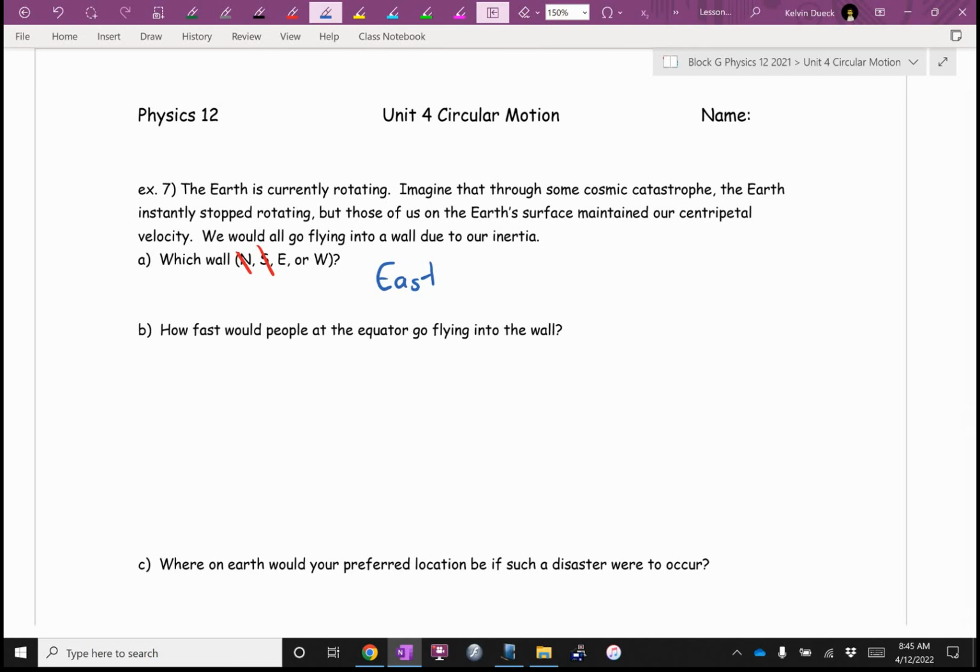But how fast would we all go flying? You know what? It depends where you are. So on the equator, how fast would people go flying into the wall? Well, I guess now we're moving in a circle, so we want to find circular speed.